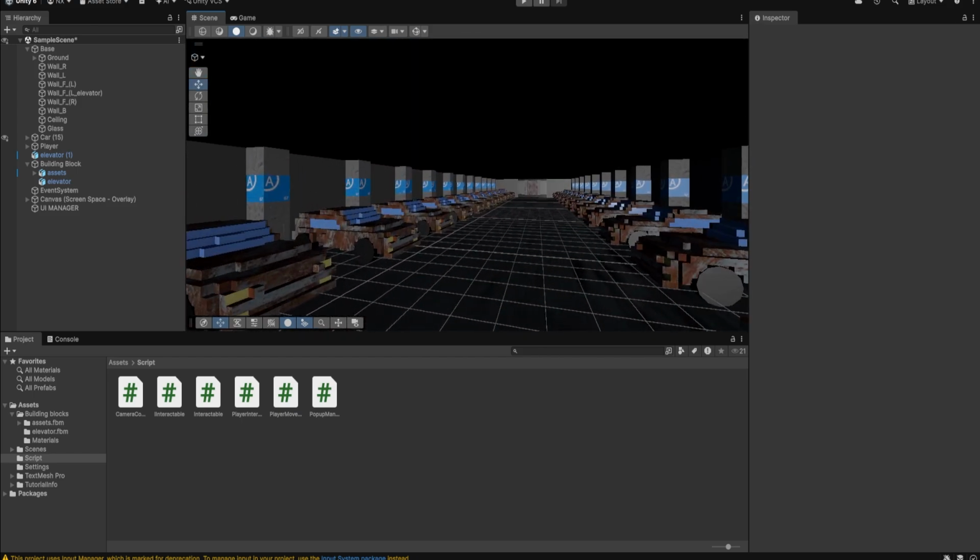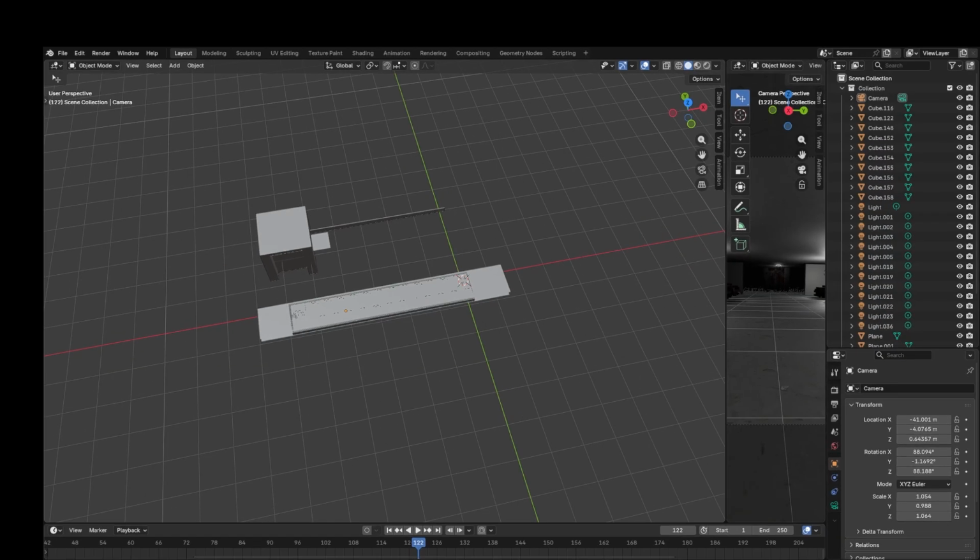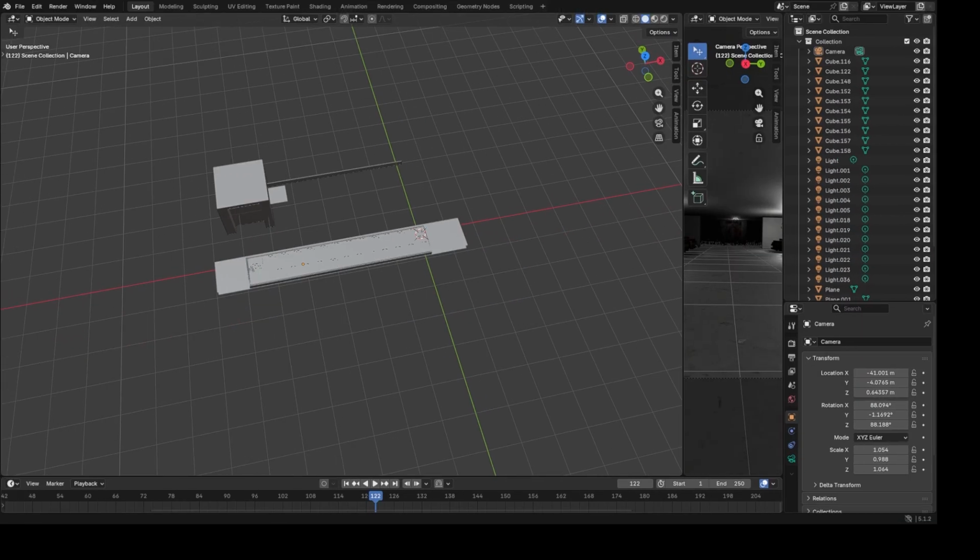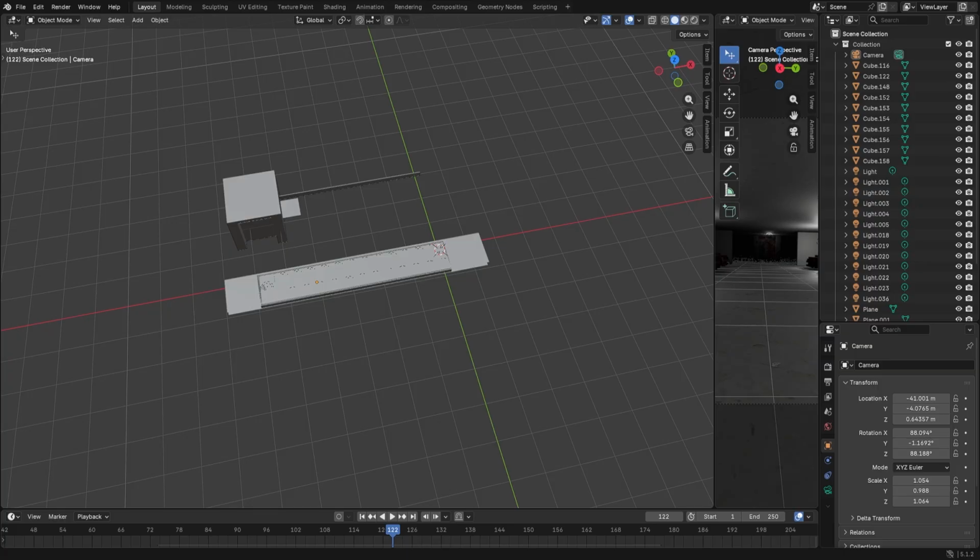And for the 3D part, I don't think there's that much of an issue. Oh my god, I just talked for like 10 minutes. The 3D part is probably one of the more enjoyable parts, because I don't have to mess with code.